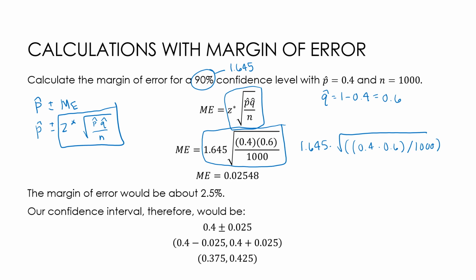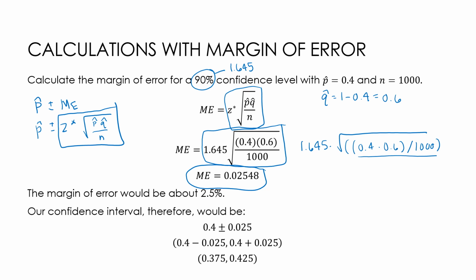But really, if you just put it in as is, it should be just fine. Just make sure that all of this is inside those parentheses, so you're taking the square root of the whole thing. So I do encourage you to go ahead and find that margin of error and make sure that it is correct in your own calculator so that you know how to enter it into your own calculator.